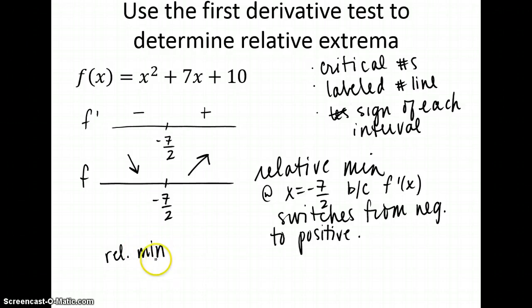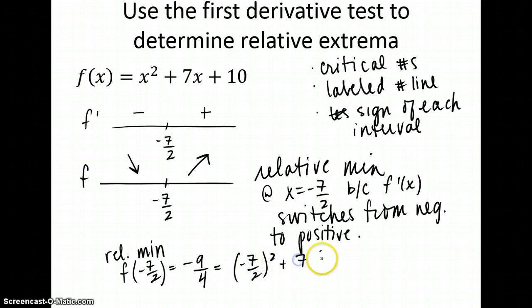Absolute max and mins are y values, well, relative max and mins are y values as well. So to determine the relative minimum, we take the critical number where the sign change occurs and plug it back into the function. You can verify the y value: (-7/2) squared plus 7 times -7/2 plus 10. So where does it occur? It occurs at the x value. What is it? The relative min is -9/4.